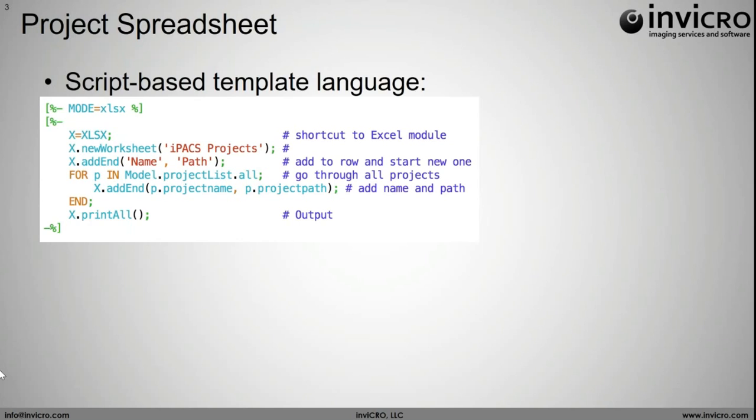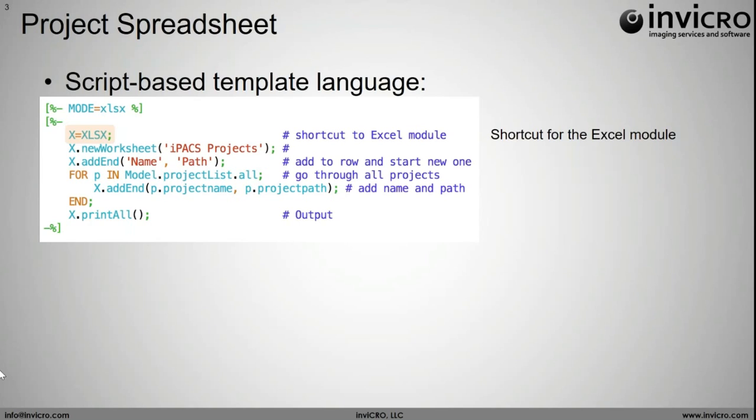And you always start with a mode that just defines the output file. And then this XLSX that you see here is the output module. And because I'm a lazy typer, I always like to use a shortcut and just define X. And then I can use that throughout the example.